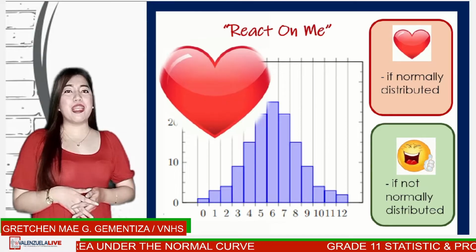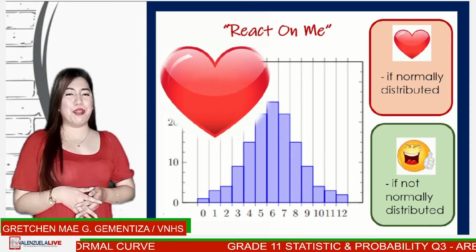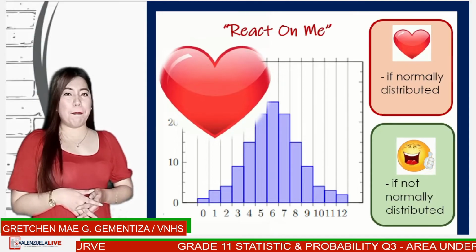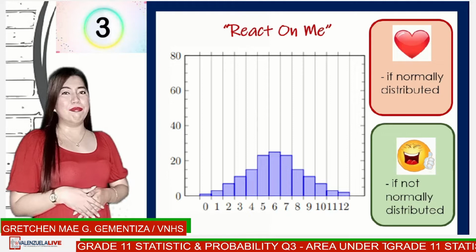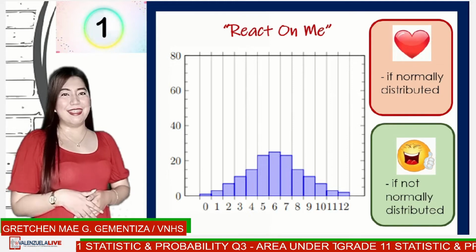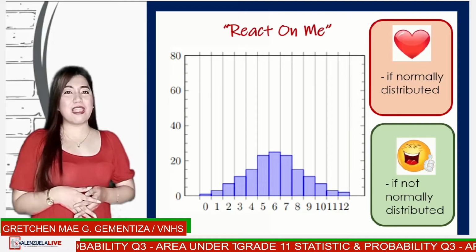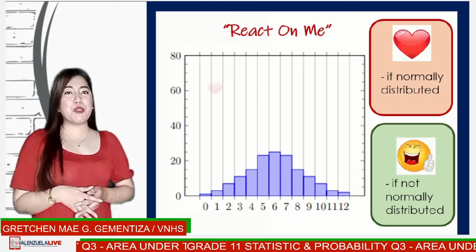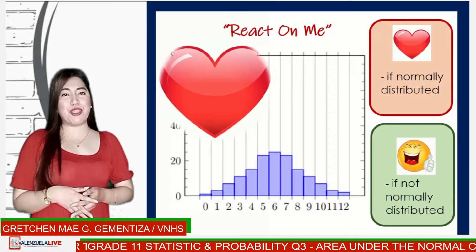Second picture is normally distributed since it has a bell-shaped curve. Third picture. Very good. The emoticon is heart. Third picture is normally distributed since it has a bell-shaped curve.